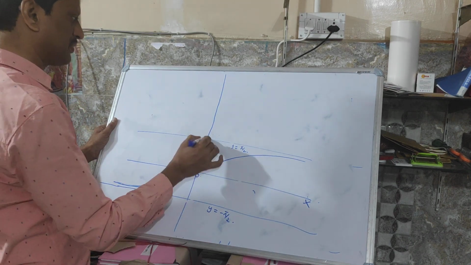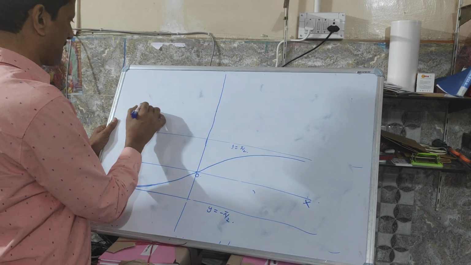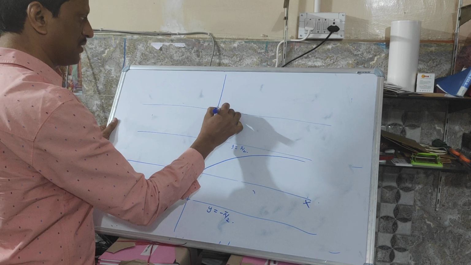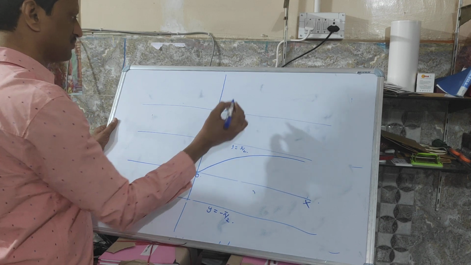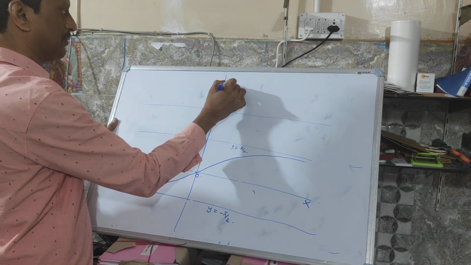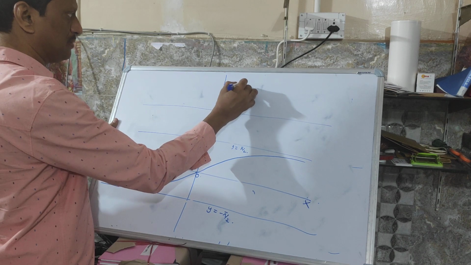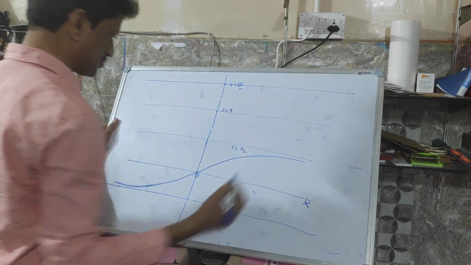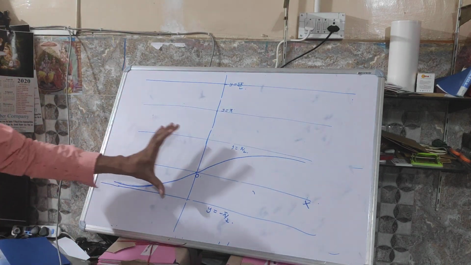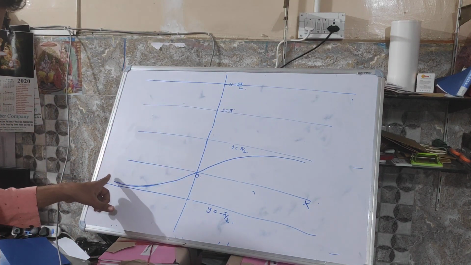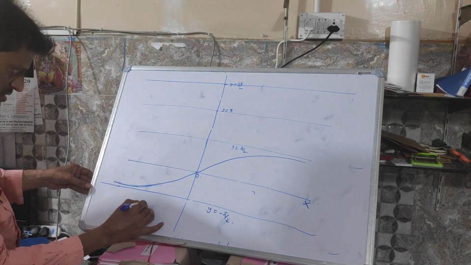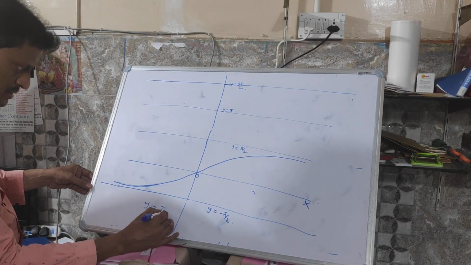So pi by 2, next pi, this is y equal to pi. Next 3 pi by 2, y equal to 3 pi by 2. So if you observe, the graph between minus pi by 2 and pi by 2 is an increasing arc for this tan inverse x. This is y equal to tan inverse x.